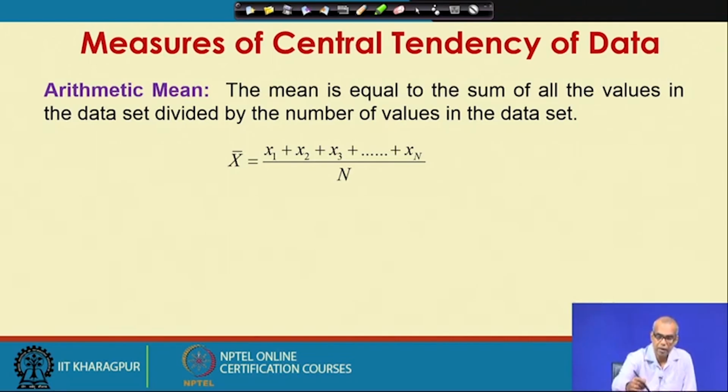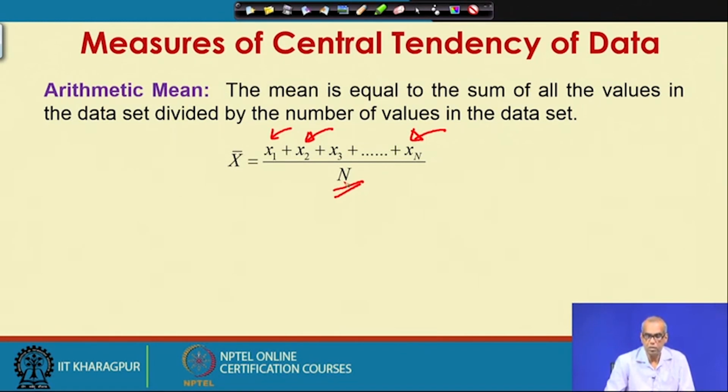So, I have taken n observations or n readings, those values are x1, x2, and so on up to xn. So, the arithmetic mean is simply the sum of all these n readings divided by n, which represents the number of readings taken.